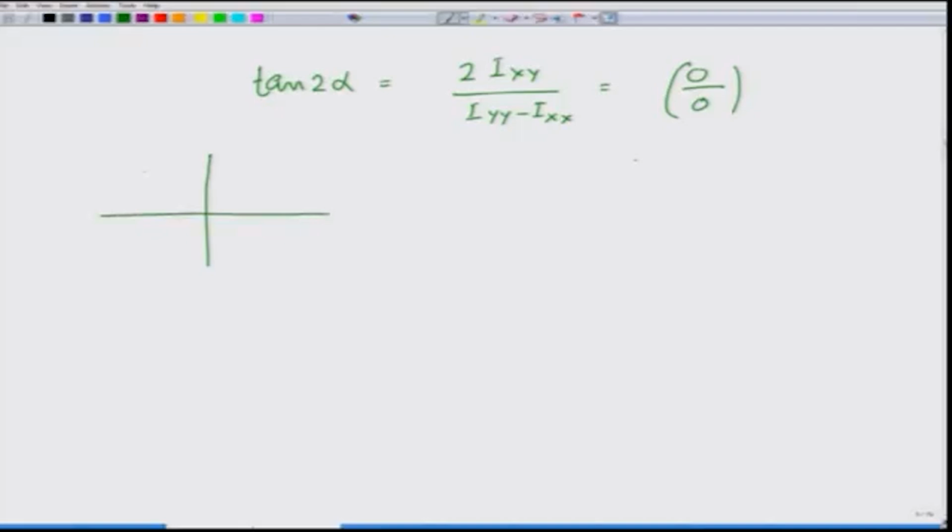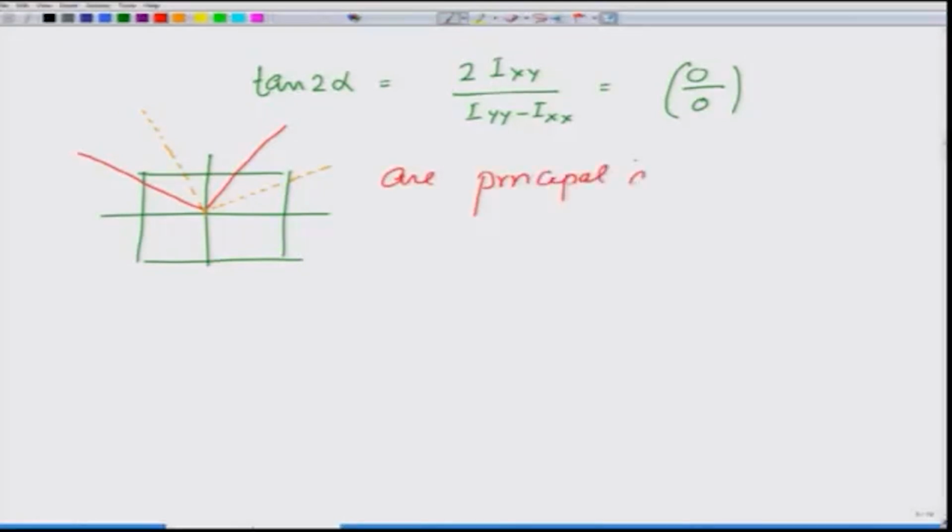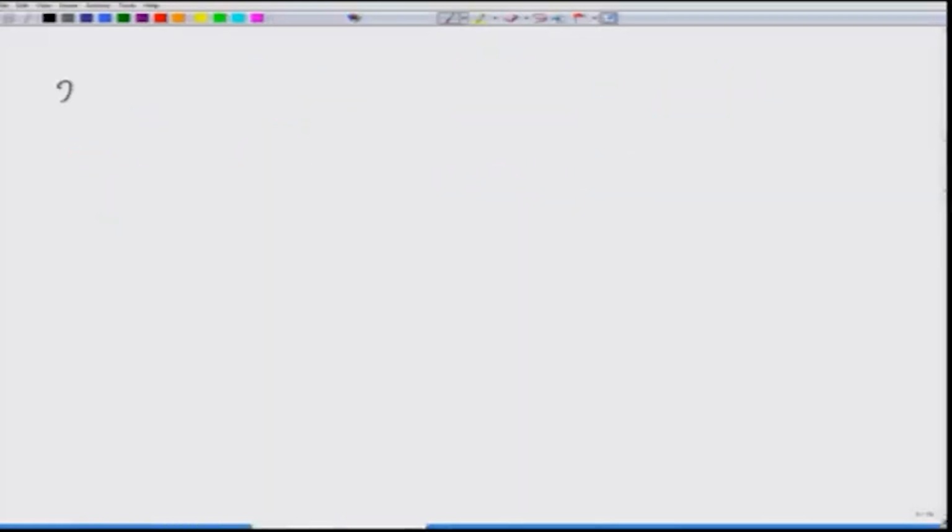Therefore, in a square, any axis at any angle could be this, could be this, all these are principal axes. If the originally chosen xy axes were not principal axes, then Ixy would not have come out to be 0.